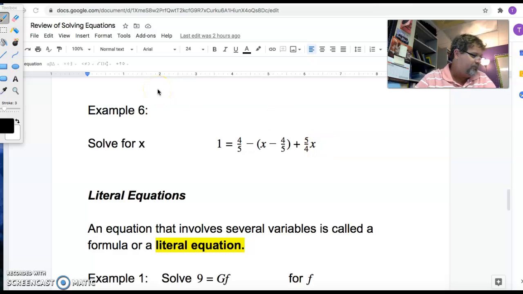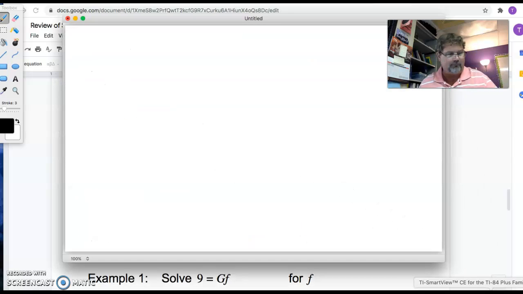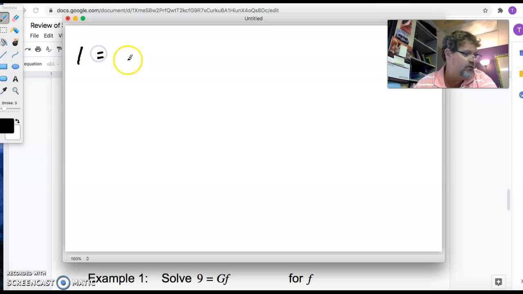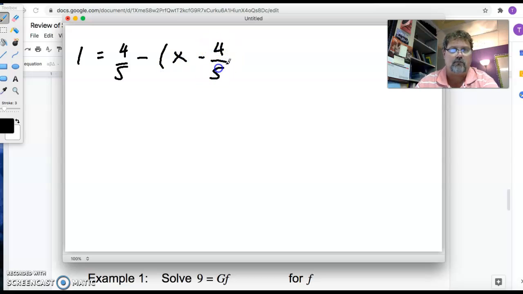All right, so let's get the tablet out and rewrite this thing here where we can work on it. So we got 1 is equal to 4/5 minus x minus 4/5 plus 5/4 x.